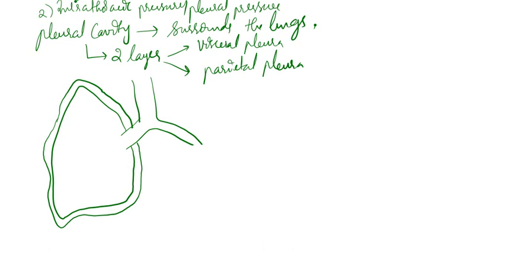So now this is called the pleural space. This is what a pleural space looks like. It surrounds the lungs and it is surrounded by parietal pleura and visceral pleura.